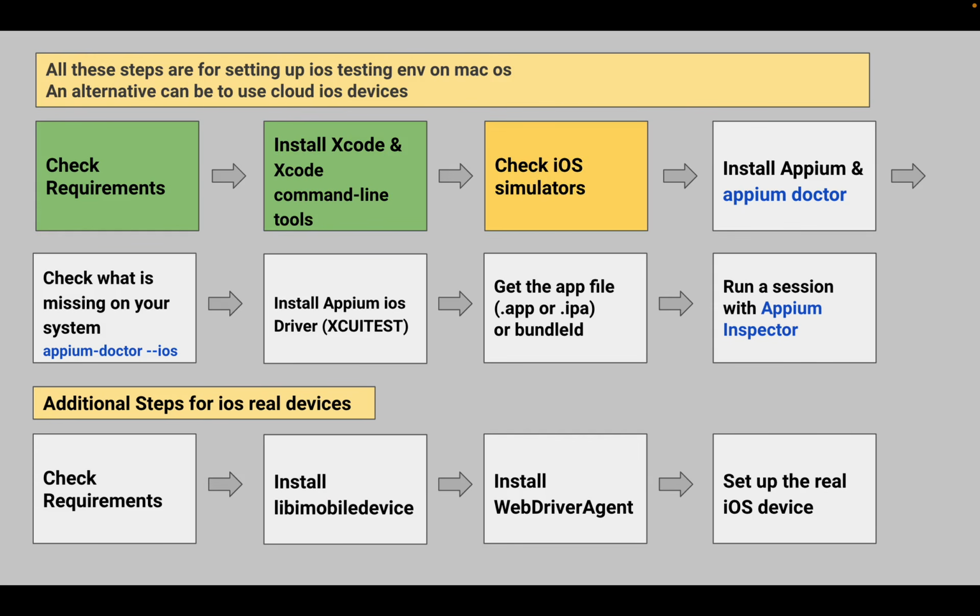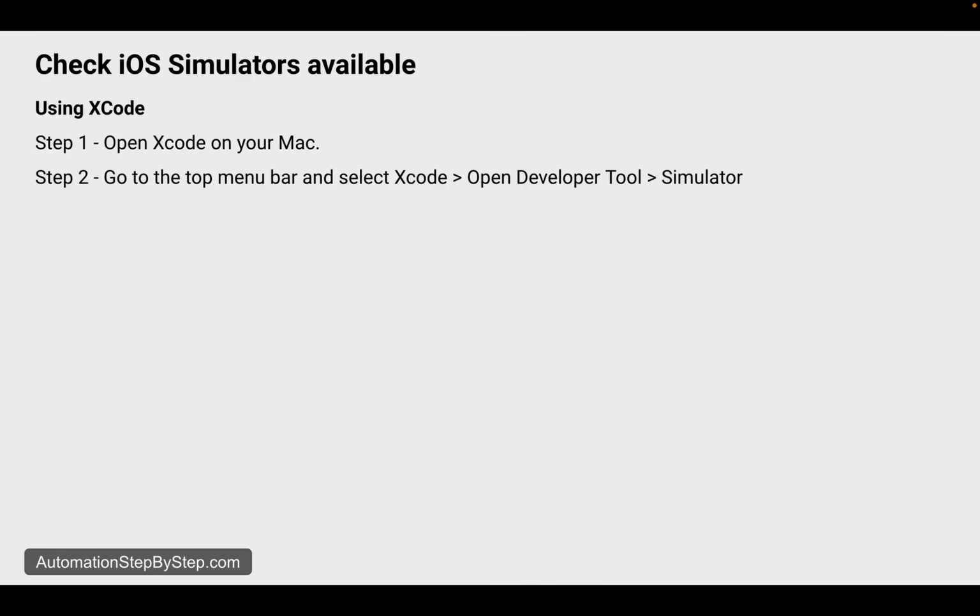Now we can check if we have the iOS simulators on our system. With Xcode we also get simulators, and if you want to check iOS simulators using Xcode, you can open Xcode on your system, and then go to the menu, Open Developer Tool, and Simulator.